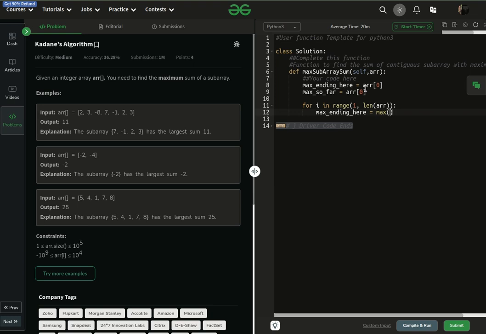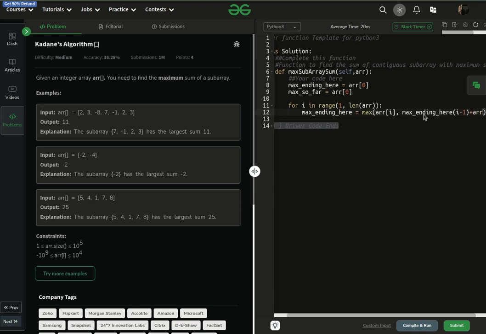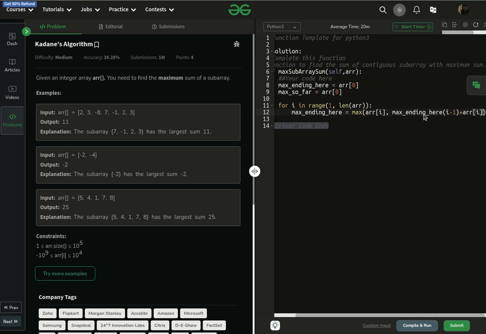So max of array of i, and max ending here of i minus 1 plus the current element. The current element is our array of i, right? Yeah, so I'll take the max.